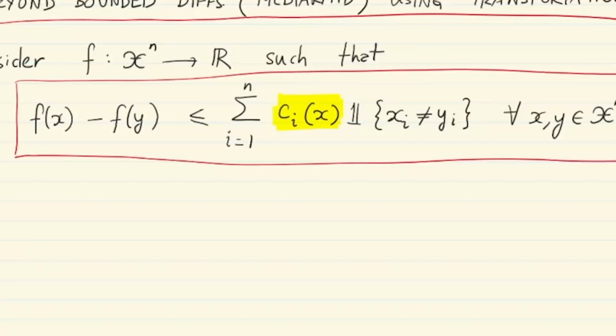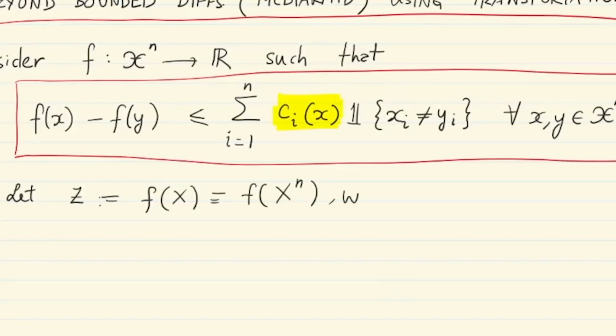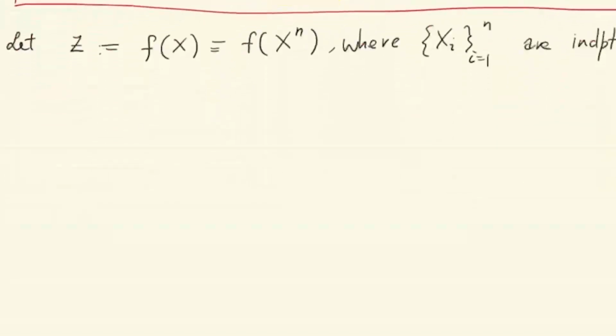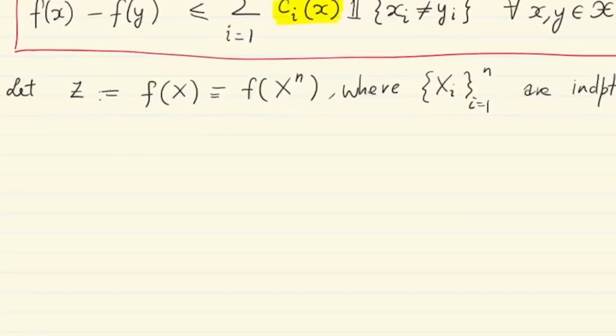So this is strictly more general than the standard bounded differences property, and we'll also assume that Z is the result of applying f to the vector X. So X is really X_1 through n, where the X_i are all independent. Okay, so this is the setting, and we'll actually show that the transportation method kicks in very neatly to help us bound the tails of Z.